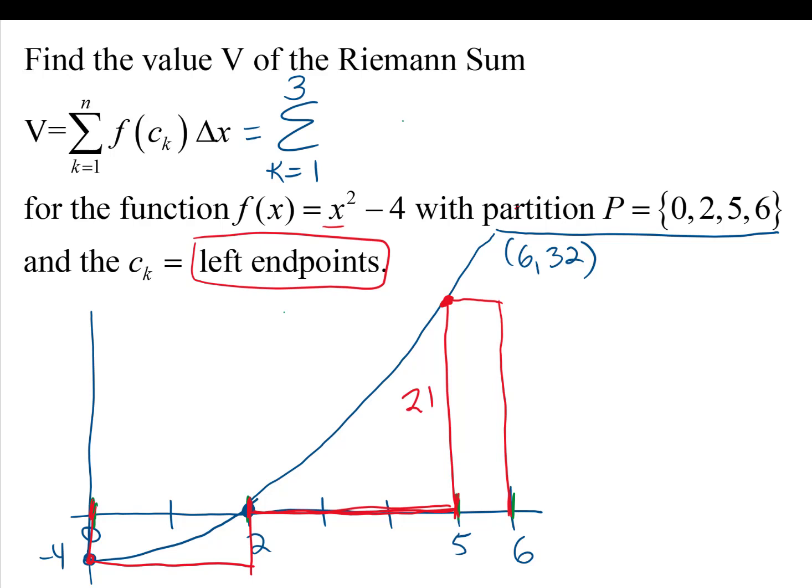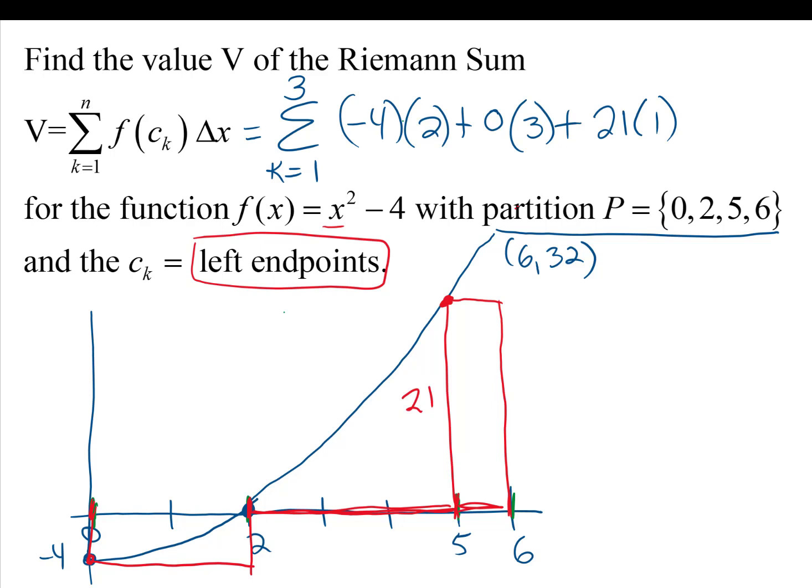And our function value for the first interval would be the function when we are at 0, which is negative 4, multiplied by the delta x, which is the width of our interval, and so we're going from 0 to 2, that would be 2, plus the next value is 0, so that would be 0 times the width of the interval, which was 3, plus, and then the third one would be our function value, which was 21, times the width of the interval there, and that width of that interval was 1.